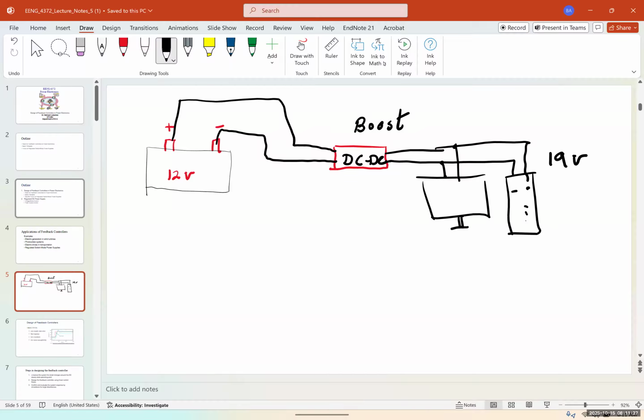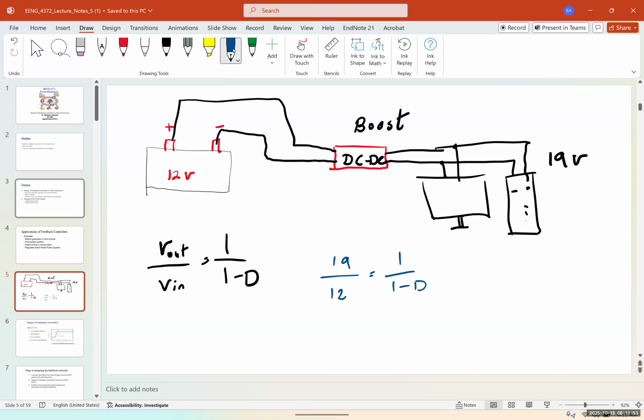Now, initially, everything works perfectly. Do you remember what the equation was for a boost converter? V out over Vin is equal to 1 over 1 minus D. Is it correct? Okay. So now if V out is 19 and Vin is 12, what would my duty ratio or duty cycle be?